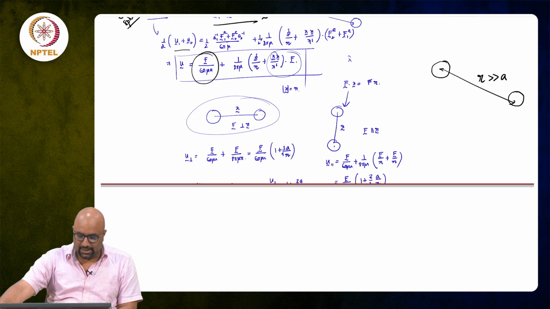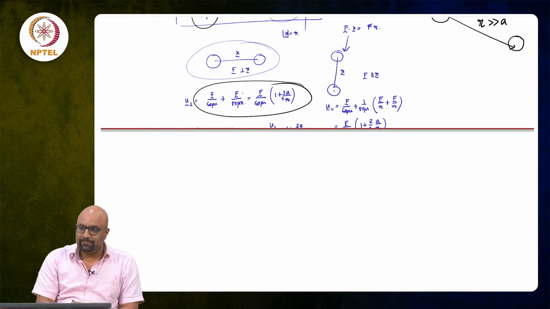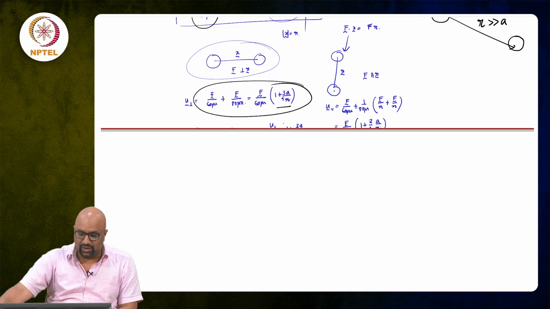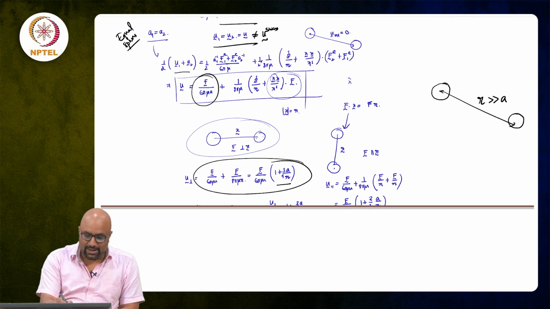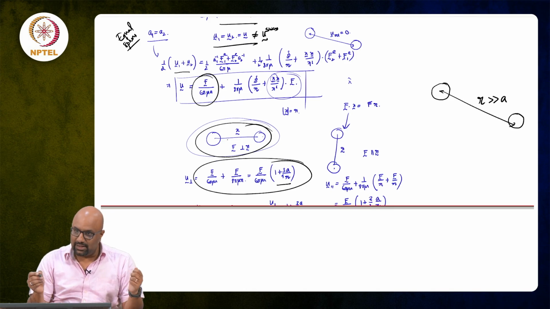So, you obtain in the end that there is a terminal velocity which is increased by a factor of 1 plus 3a by r if the two spheres were settling in an orientation where the line joining the centers is perpendicular to gravity, and if it was parallel, then u parallel by u isolated or Stokes is 1 plus 3a by 2r.